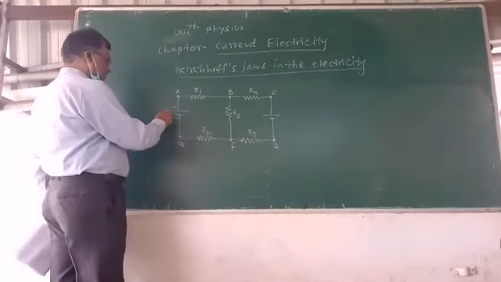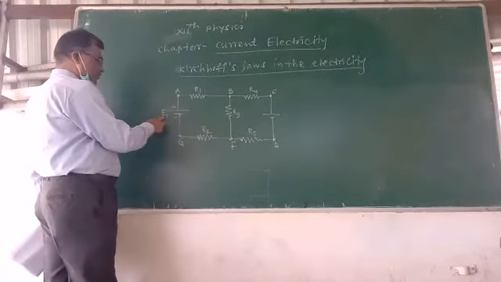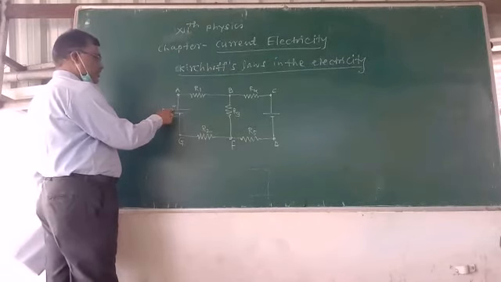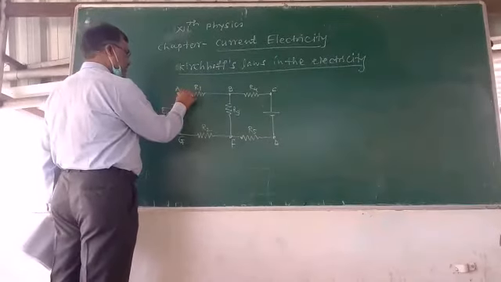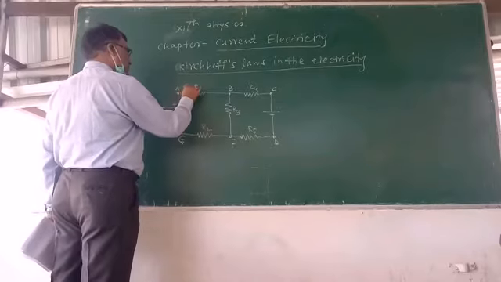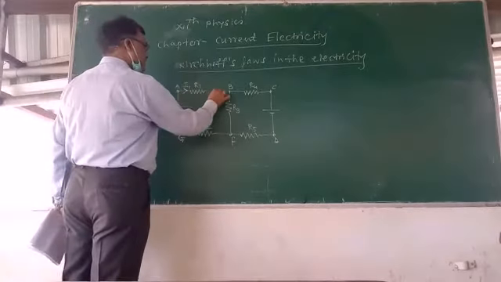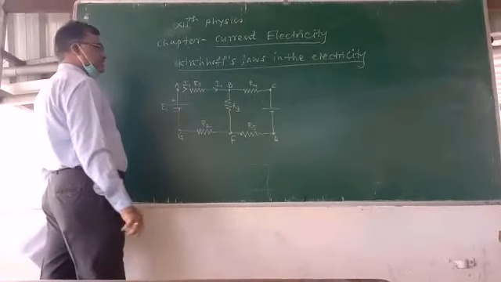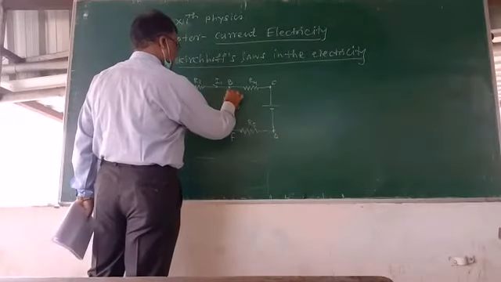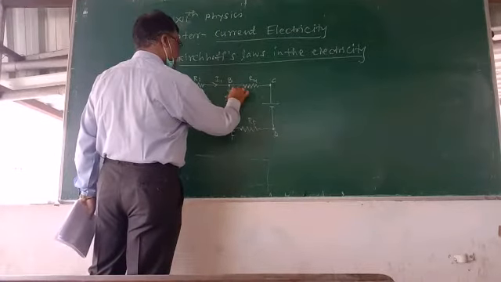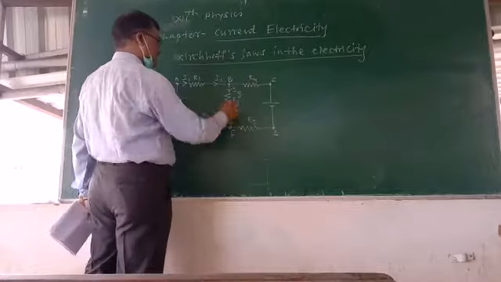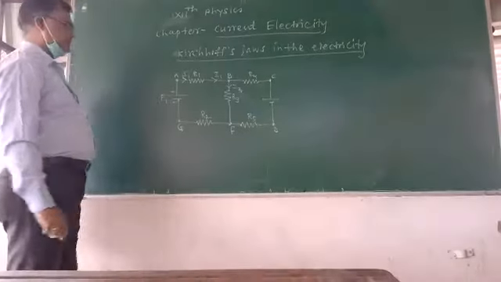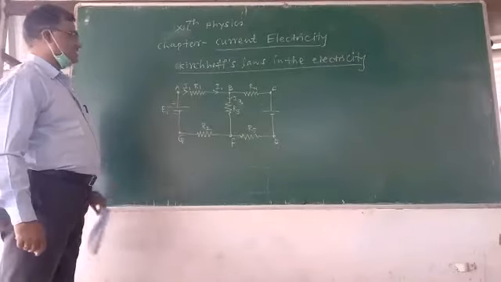This first cell of electromotive force E1 sends current from the positive terminal to the negative terminal. Let us suppose that I1 is the current passing through resistance R1. That is, this is I1, and I3 is the current passing through the third resistance R3.